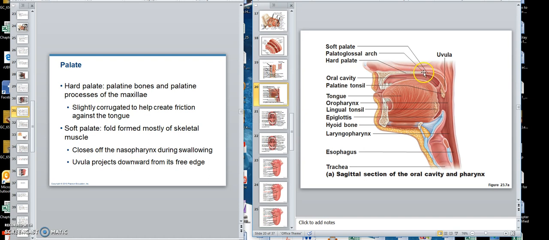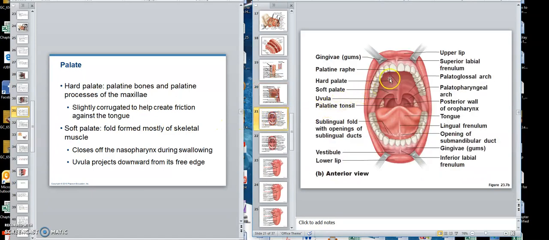And then back from that, you don't have bone, and that's called the soft palate. It's formed mostly of skeletal muscle. So hard palate, and then once you go back, you're into the soft palate.